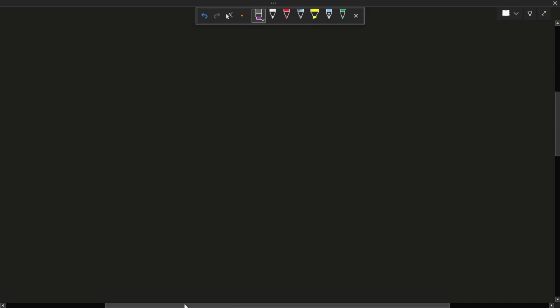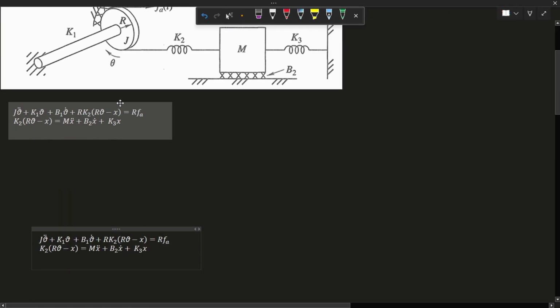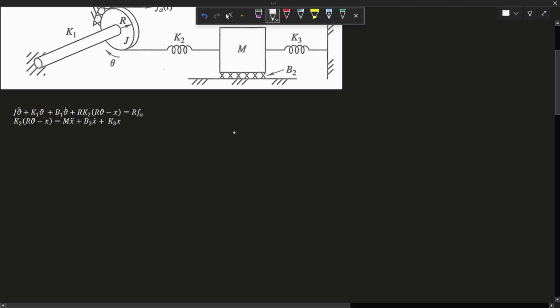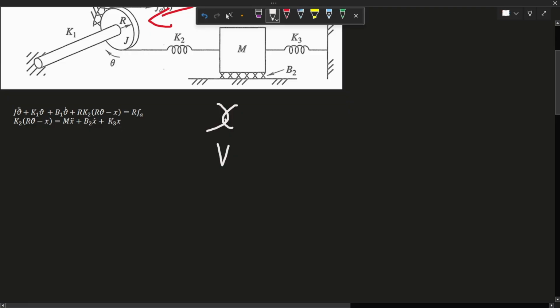There you go. Alright, let me bring this up. Now we can begin writing our state variables, okay? While I was taking this class, literally every single state variable was just the displacement and velocity. Since here we have two objects, x and v are for the mass, and for the disk, instead of writing x and v, you have to consider their angular displacement and their angular velocity, omega.